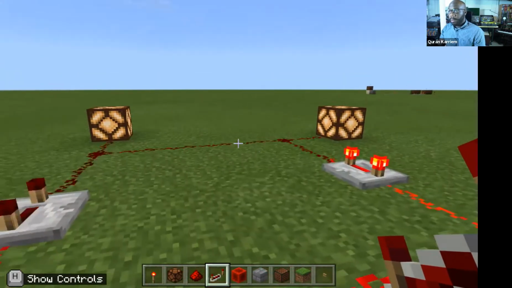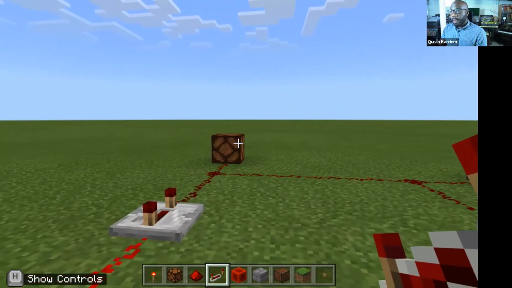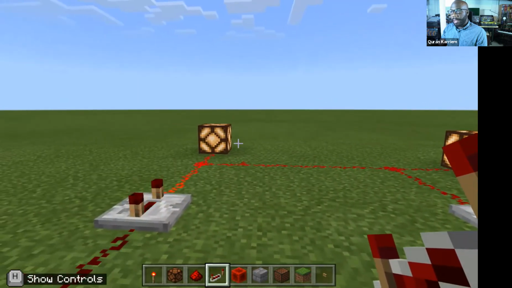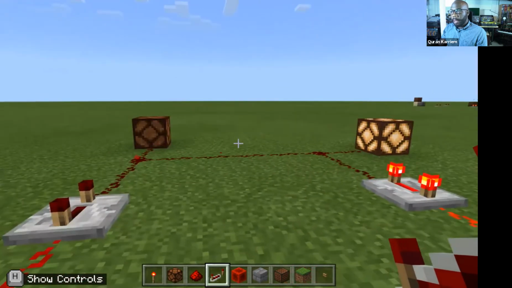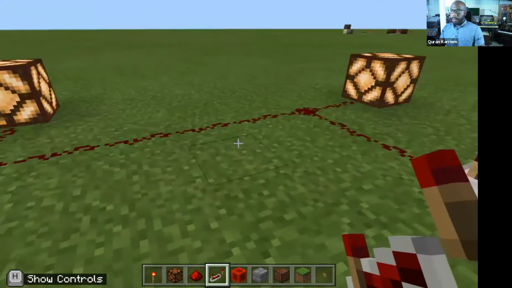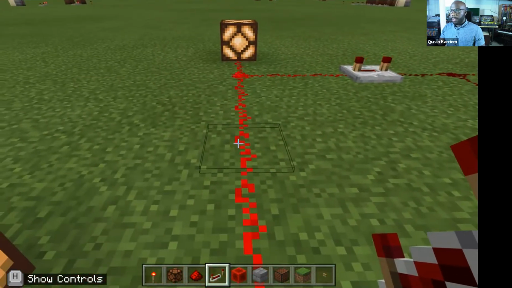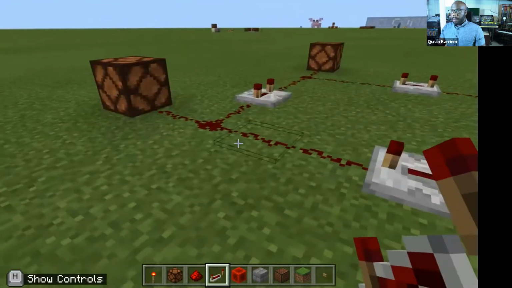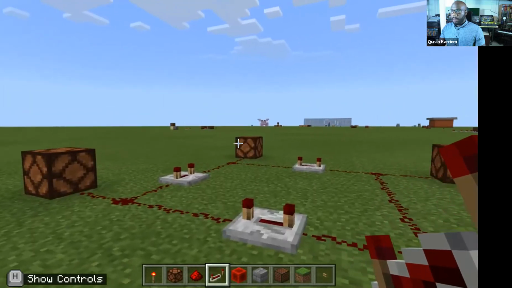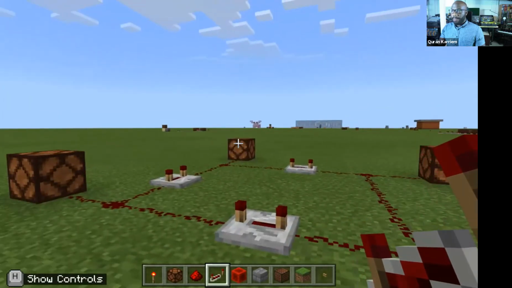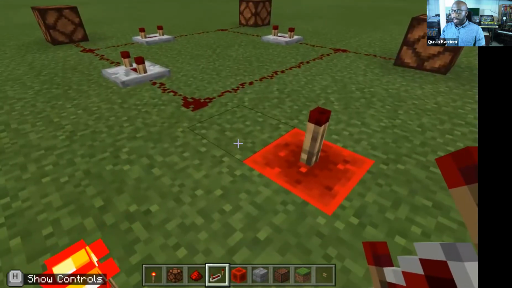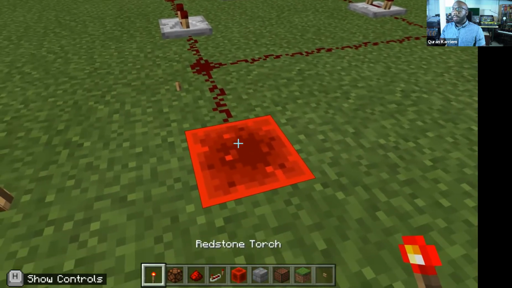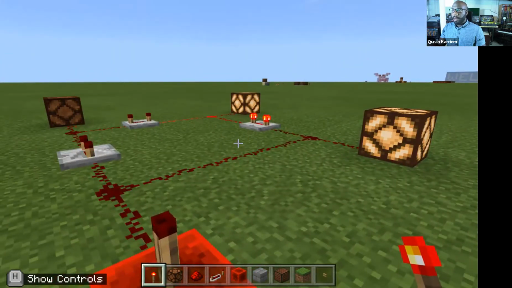If I wanted to have these two lights activate separately, not at the same time, I could add another repeater just for the purposes of a delay, to make it so these two don't turn on and off at the same time anymore. And then you don't have to reconnect that and restart it. Now there's a sequence of 1, 2, 3.